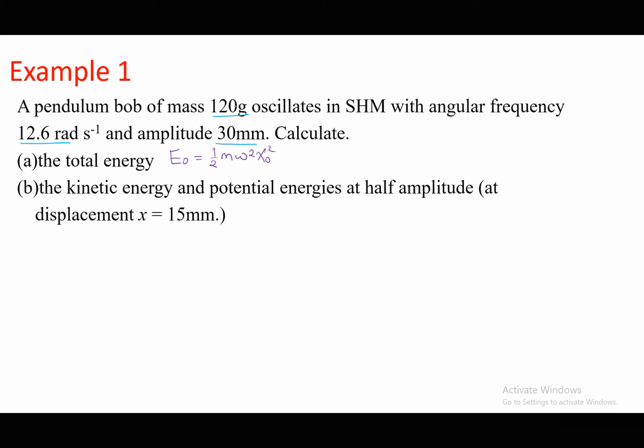So we have the mass, we have the angular frequency which is omega, and we have the amplitude. So I will just substitute from here. This will be a half times 120 times 10 to the power of minus 3 times omega, which is 12.6, but this should be squared, times x naught squared, which is the amplitude, that is 30 times 10 to the power of minus 3, but this should also be squared.